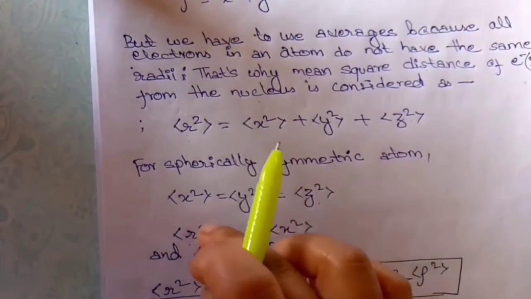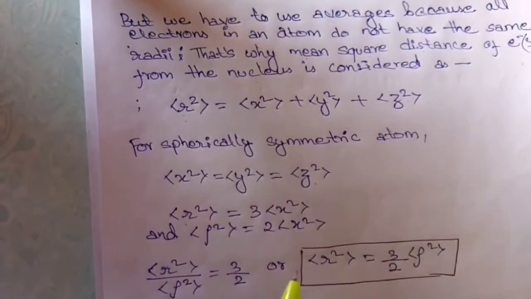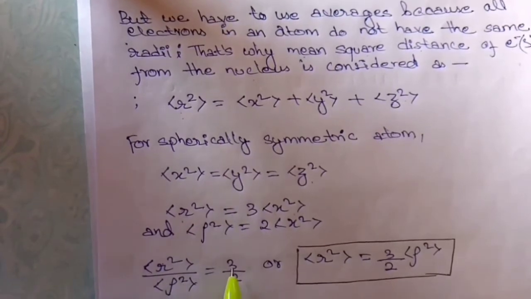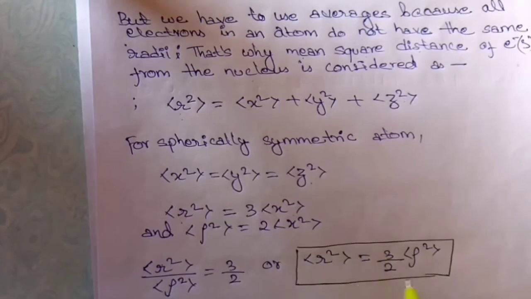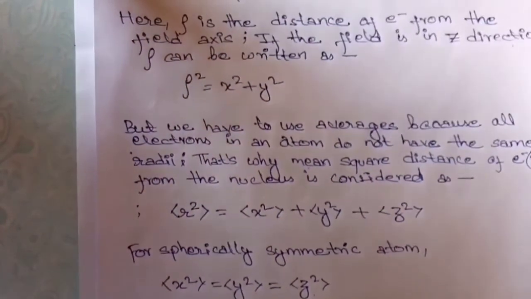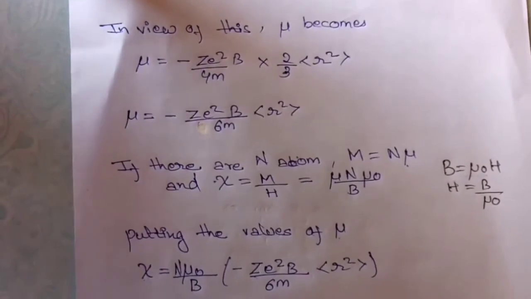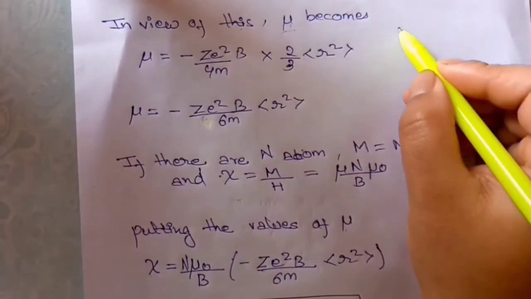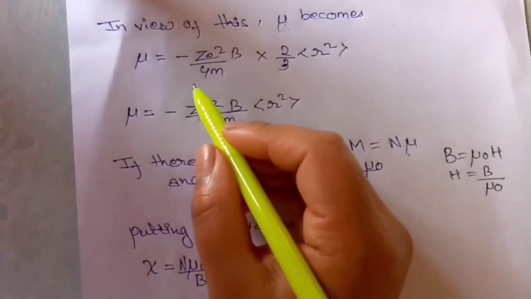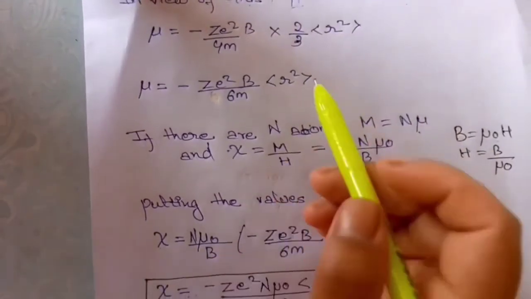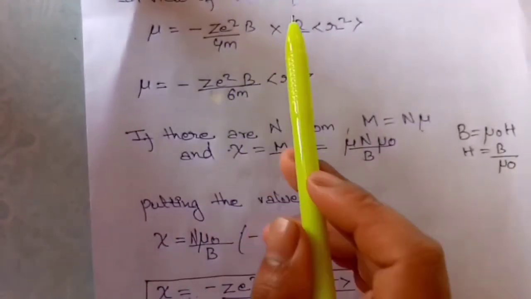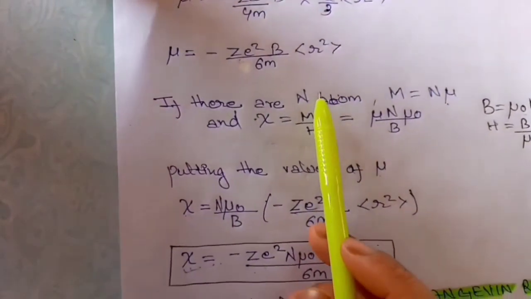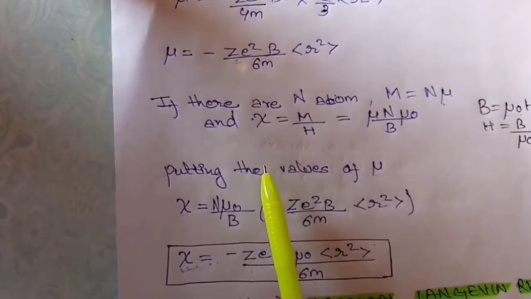So if you want to derive an equation between these two, we can divide it, and it looks like R square divided by rho square equals 3 by 2. So in view of this, the magnetic moment, which was minus Ze square B divided by 4m into rho square, now becomes minus Ze square divided by 4m into B into R square. So this is basically the magnetic moment.